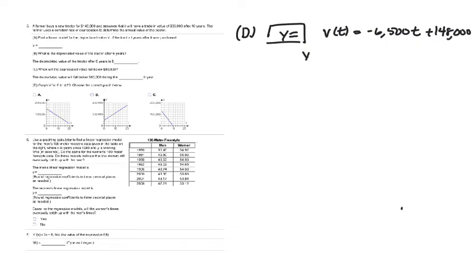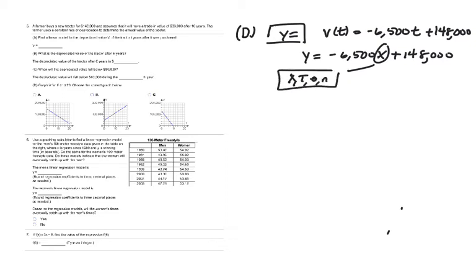In the calculator, you'll type in y = -6,500x + 148,000. When you choose to type in x, you'll have to type in the X,T,theta,n button, which is a few buttons above your 7.